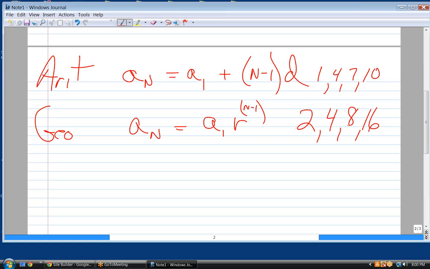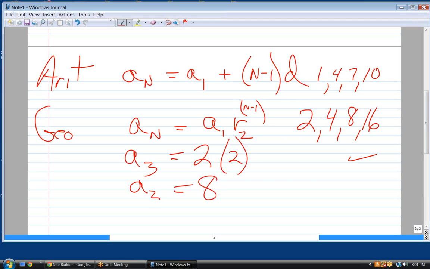In this series here, every term is double the previous term. So the common ratio would be 2. If I wanted to know the third term, a sub 3, it would equal 2 times the common ratio squared. That would equal 8.